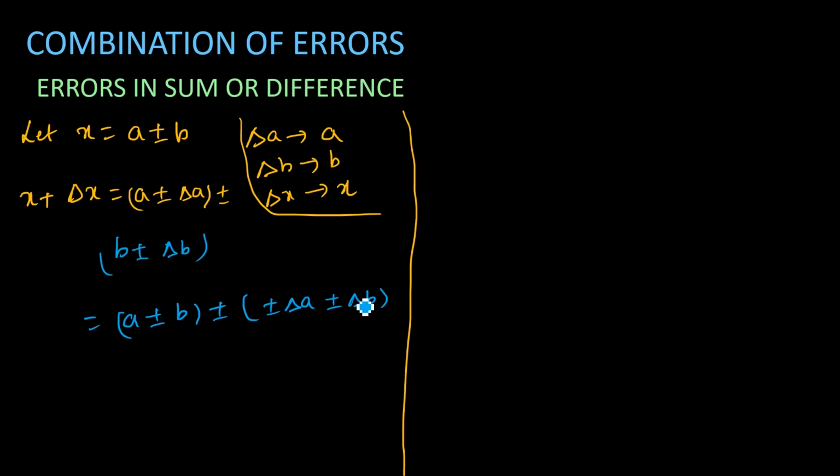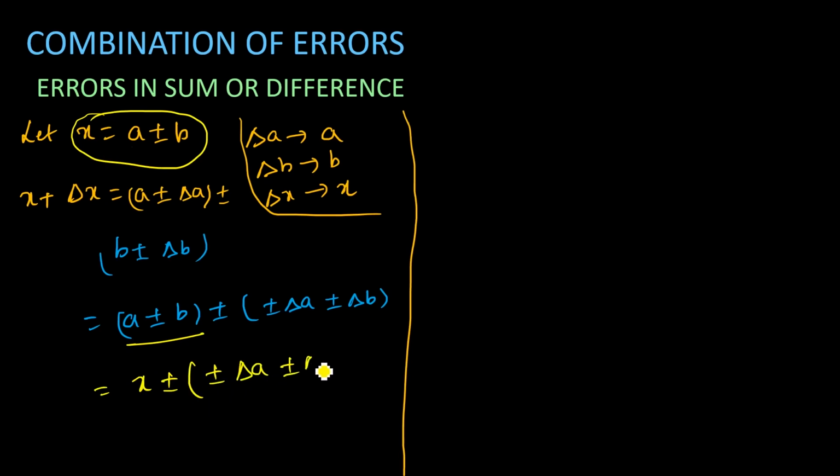Now you know that a plus or minus b is the x value only, right? So x plus or minus delta a plus or minus delta b. Here you need to understand, here also it is there, delta x.